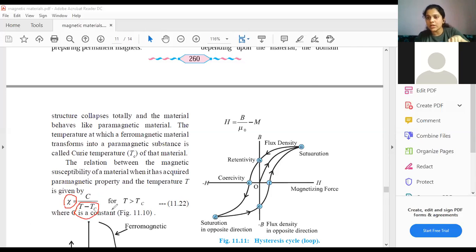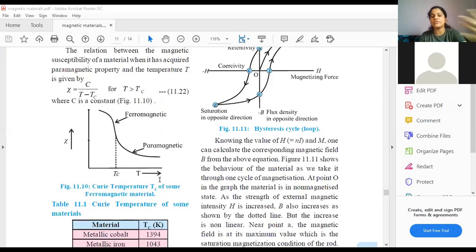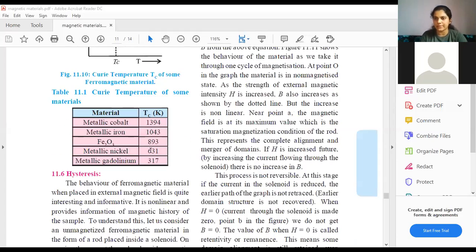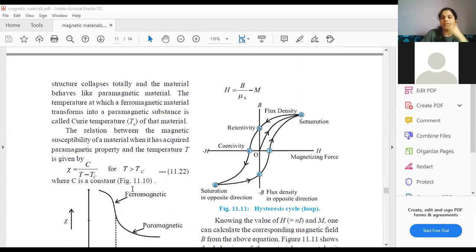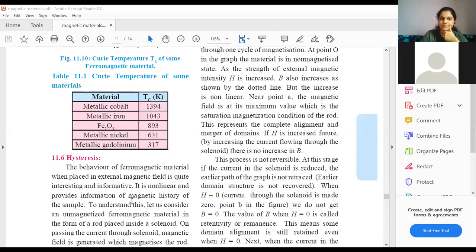And when you remove the proportionality sign, you will have a constant capital C. Students, I have mentioned last time what capital C is: it is a material-specific Curie constant. For different materials, we have different Curie constants, just like for different materials we have different Curie temperatures. So this is the effect of temperature on ferromagnetism.